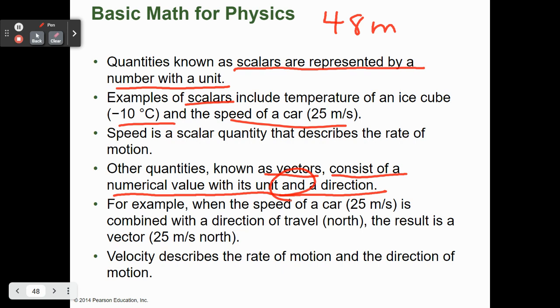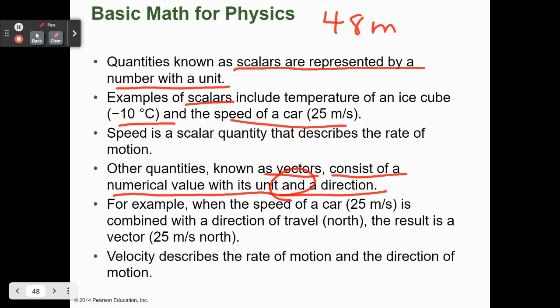So that's a scalar quantity. But if I'm saying I'm going north on I-65 at 65 miles per hour, what does that tell me? You know which direction on 65 I'm going. I'm traveling north. So that is a vector quantity because it tells me the direction in which I'm going.